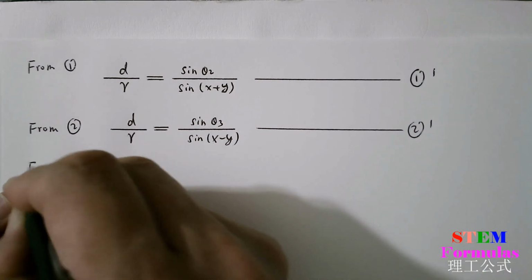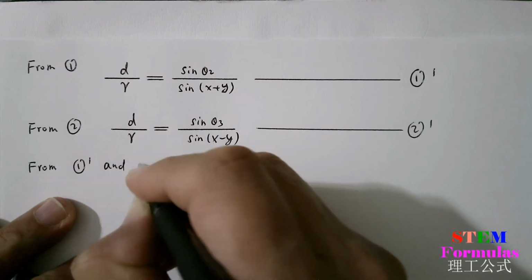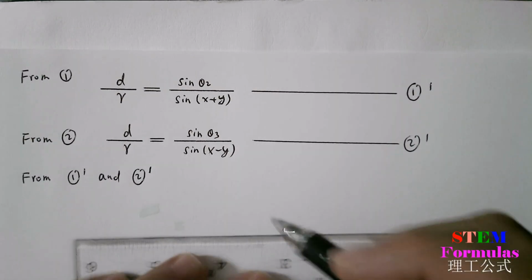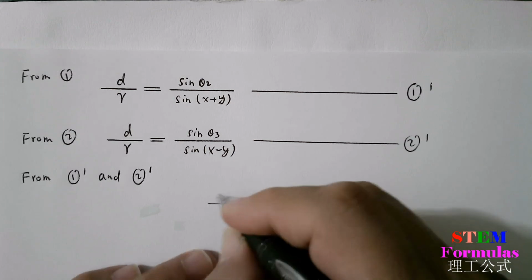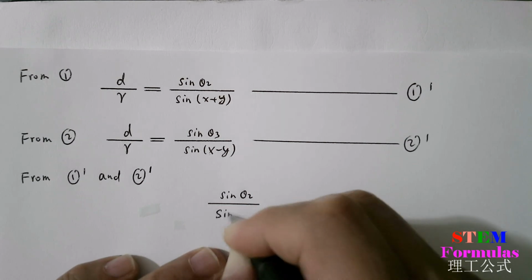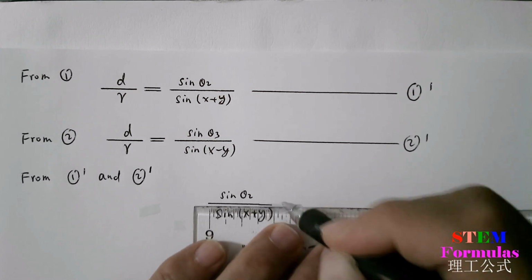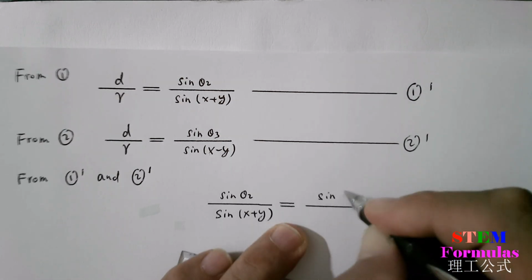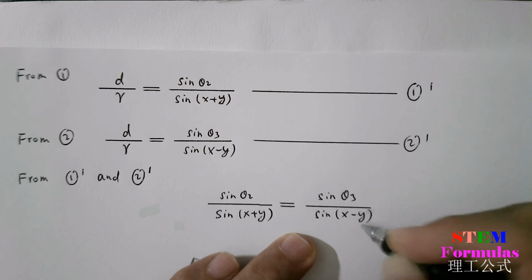Now, from equation 1 prime and 2 prime, I have sine theta 2 divided by sine x plus y equal sine theta 3 divided by sine x minus y.